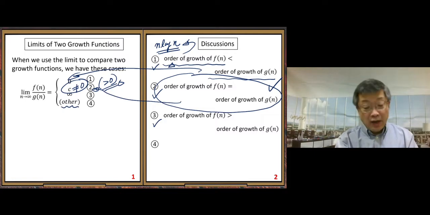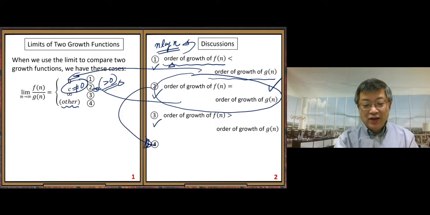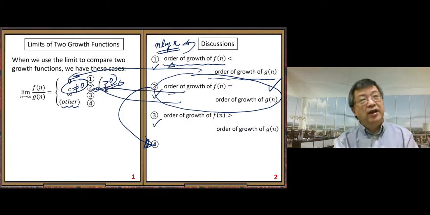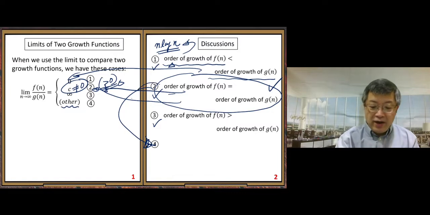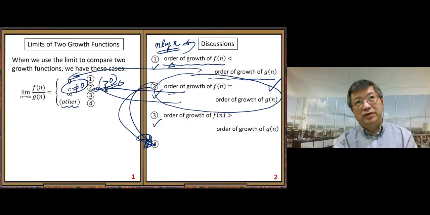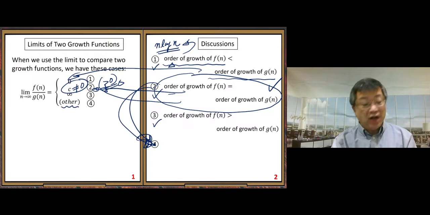That could be case 4. So two possibilities for the same order: one, the limit equals a non-zero positive constant c; another, case 4, the limit does not exist, but we can still get the same order. We will discuss more about this on the next slide.